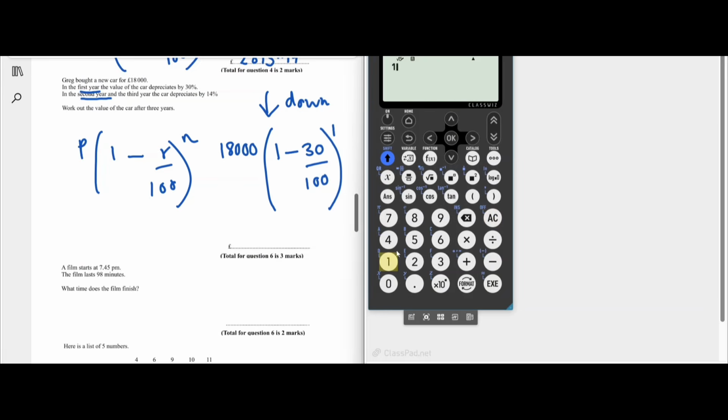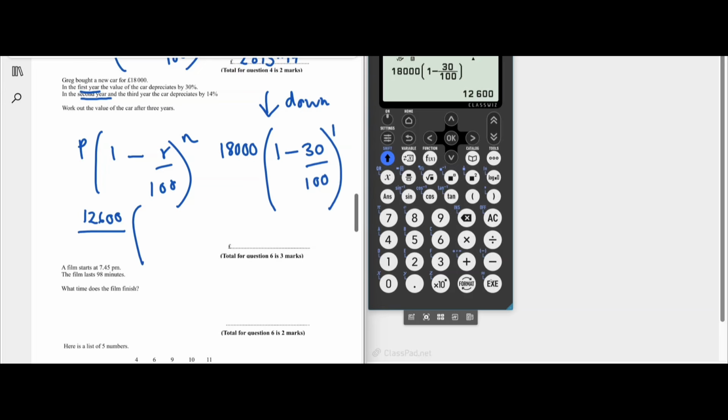I'm going to work that out first, so 18,000, and then I'm going to open my bracket. I've got 1 minus 30 over 100 here. And then I'm going to close my bracket, and I don't need to put to the power of 1 if it's just to the power of 1. So that's 12,600.